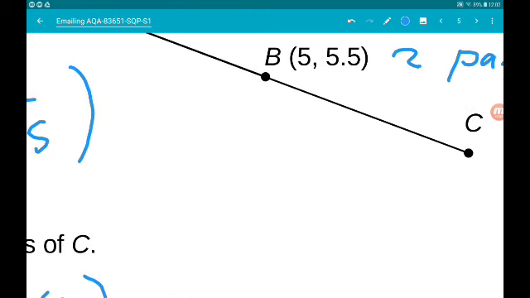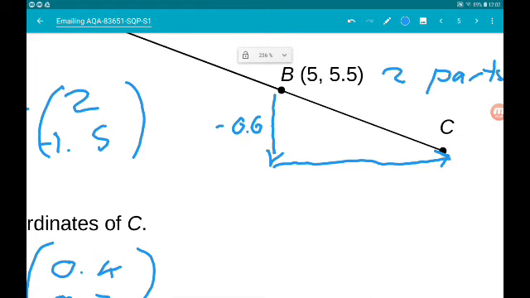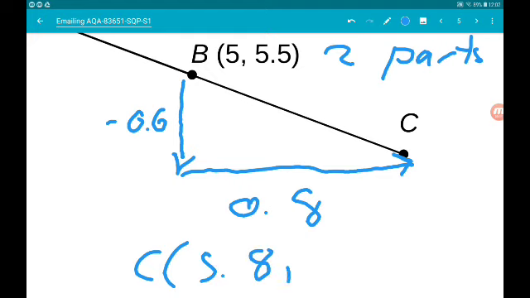So we are going down by minus 0.6, and we're going along by 0.8. So the coordinates of C are going to be 5.8 and 4.9.